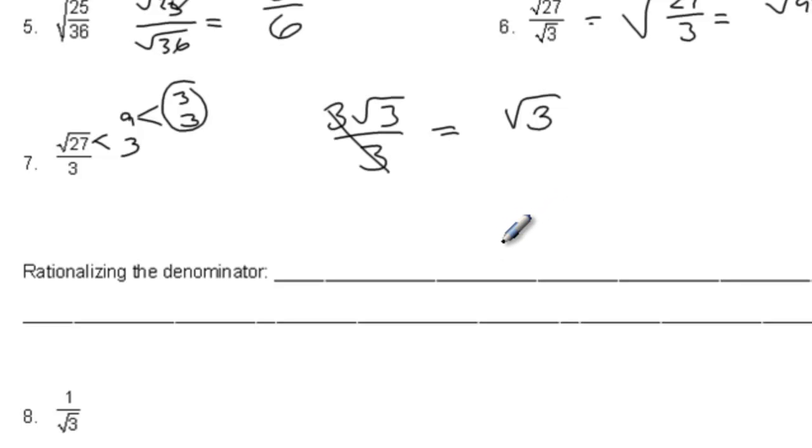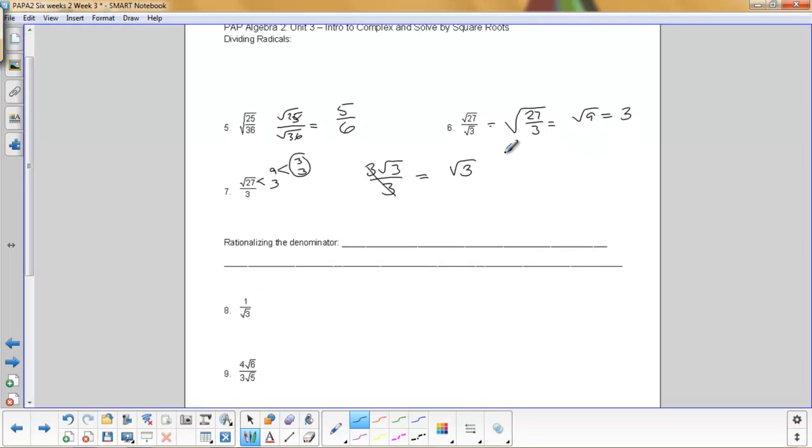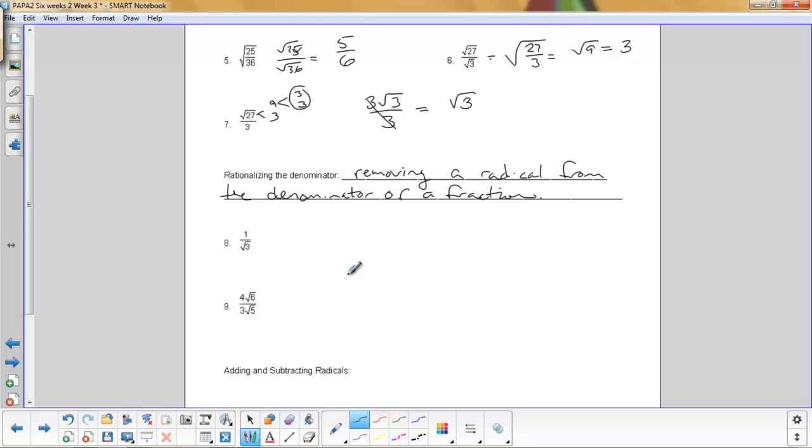All right, rationalizing the denominator is what I was getting at before. That is removing a radical from the denominator of a fraction. That process looks like this.